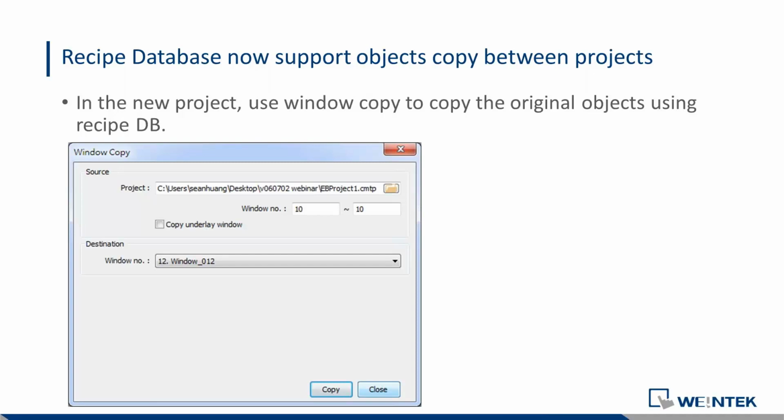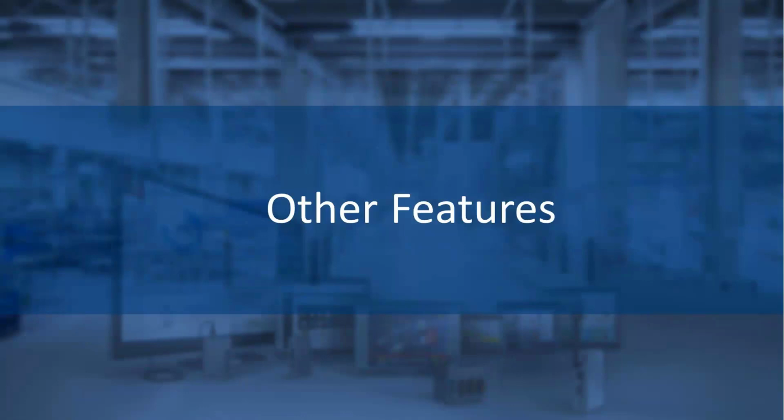Otherwise, you still cannot copy them. Right. So this is about our new features about the recipe database here. Right. The final part, I'm going to introduce some smaller features that are supported in this version.